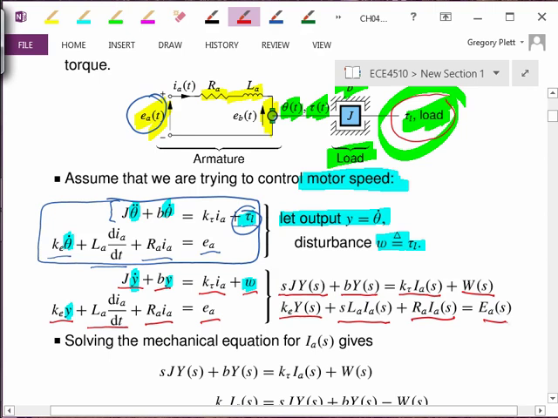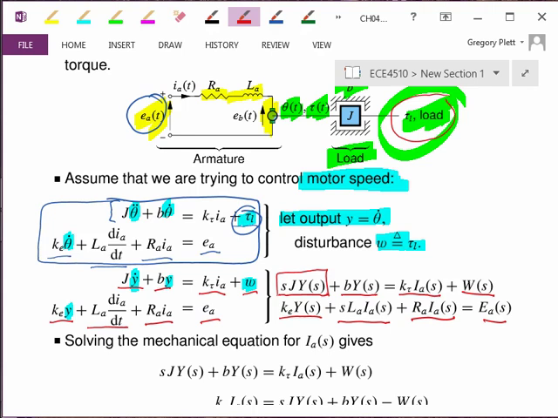The only thing we had to remember was the differentiation rule, that a time derivative has a Laplace transform that multiplies the quantity by S. We're also assuming the initial conditions are 0, because we're aiming for a transfer function, and the assumption when making a transfer function is always that the initial conditions are 0.